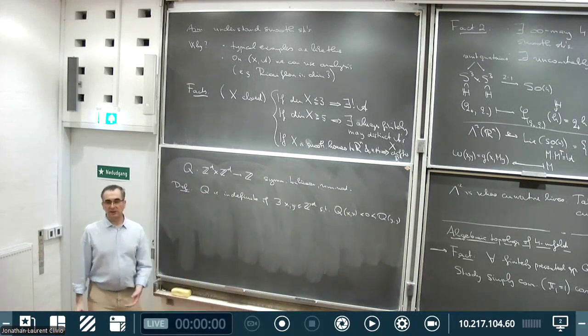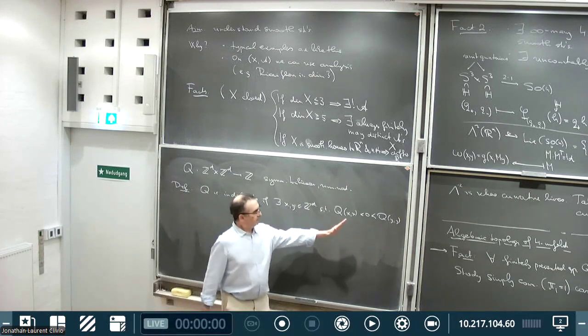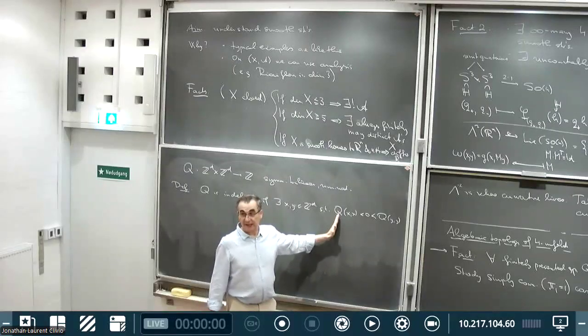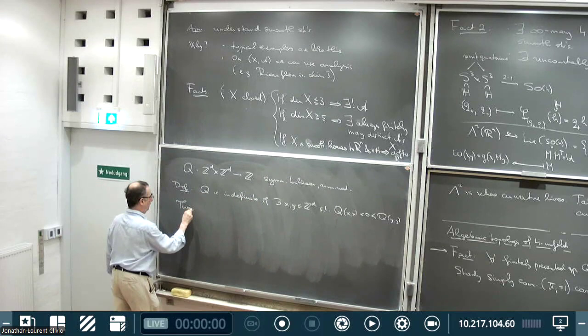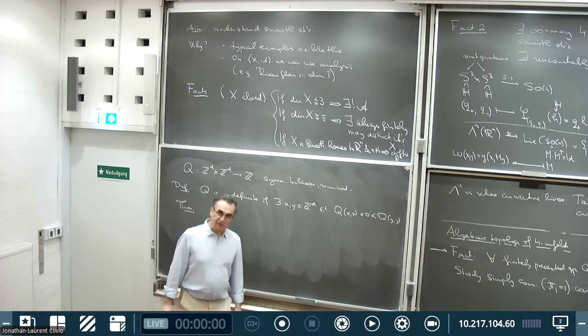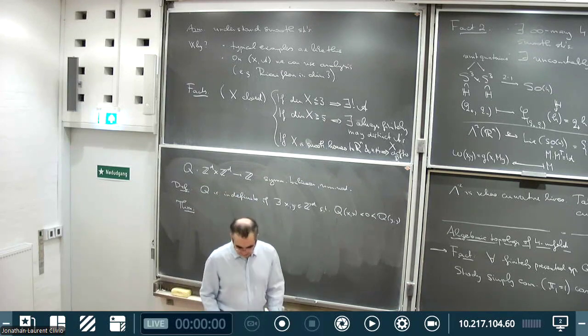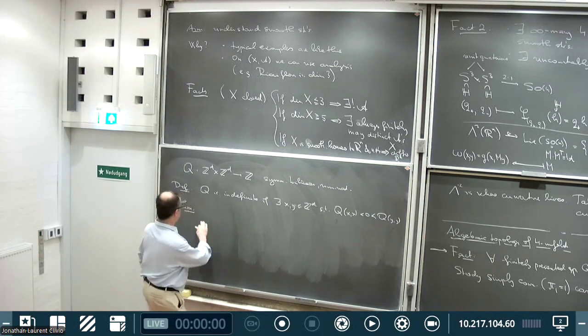Otherwise, I call it positive definite if all non-zero vectors have positive squared length, and negative definite if they all have negative. And so here is the theorem. And I would have a hard time attributing it to someone, this is like a collection of common knowledge for quite some time.